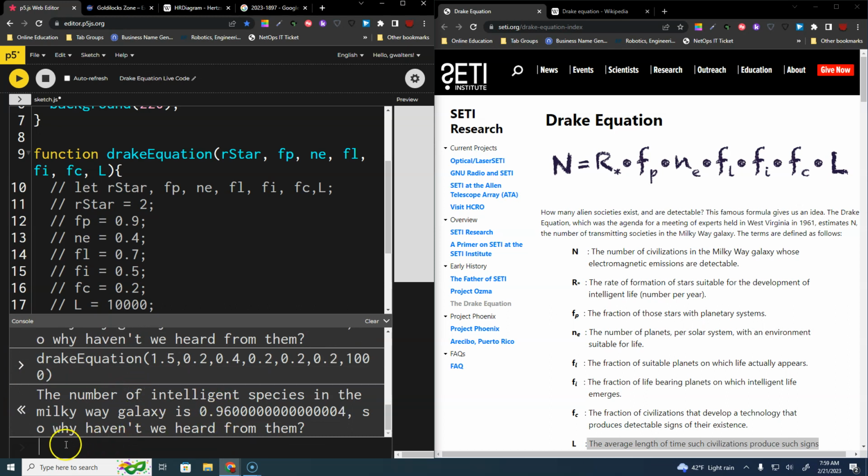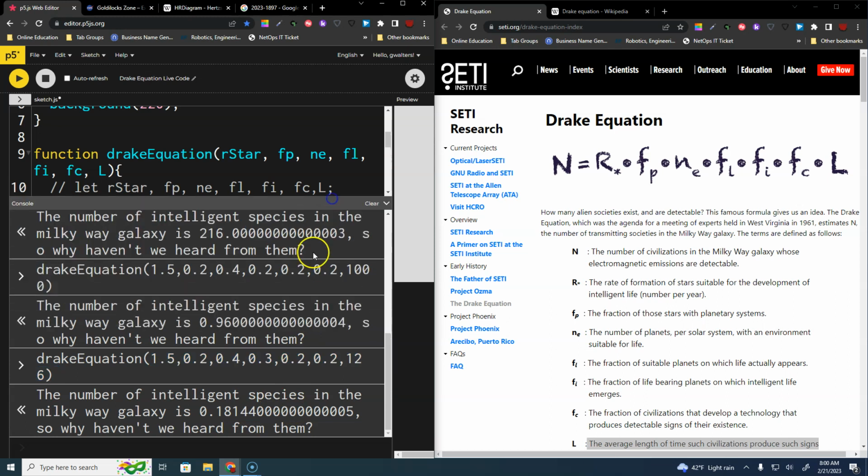That's closer to 1. Let's see if we can get it to, we have 126 years. Bumps us a little bit down. It can never really be below 1. That would not make sense because we are a species. But we could play with these numbers.